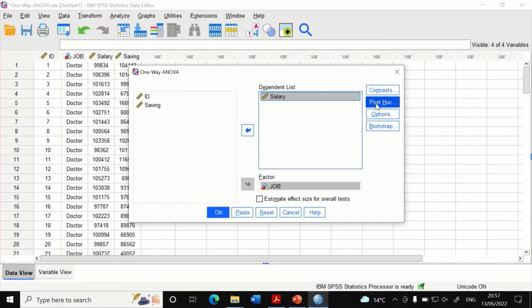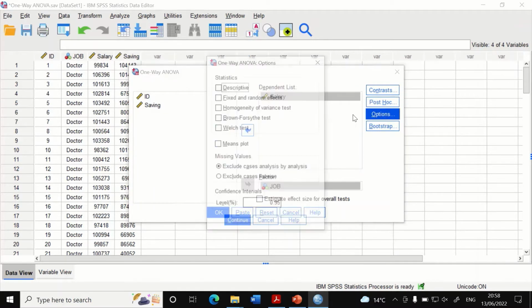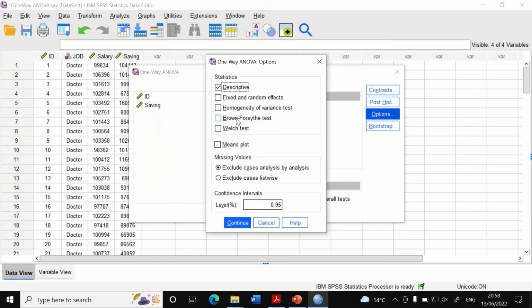And I'm going to select options, click on descriptive, homogeneity of variance, and I will include Brown-Forsythe test and Welch test, and also plot the means.